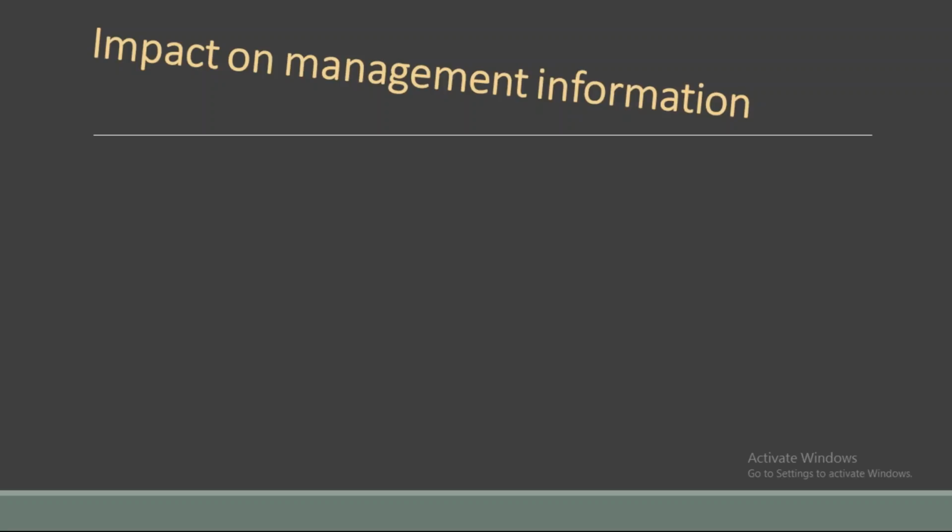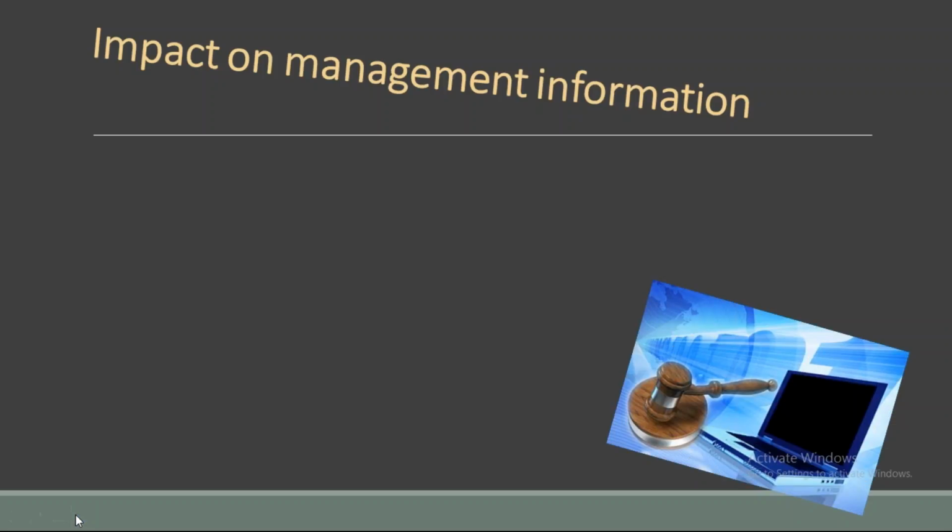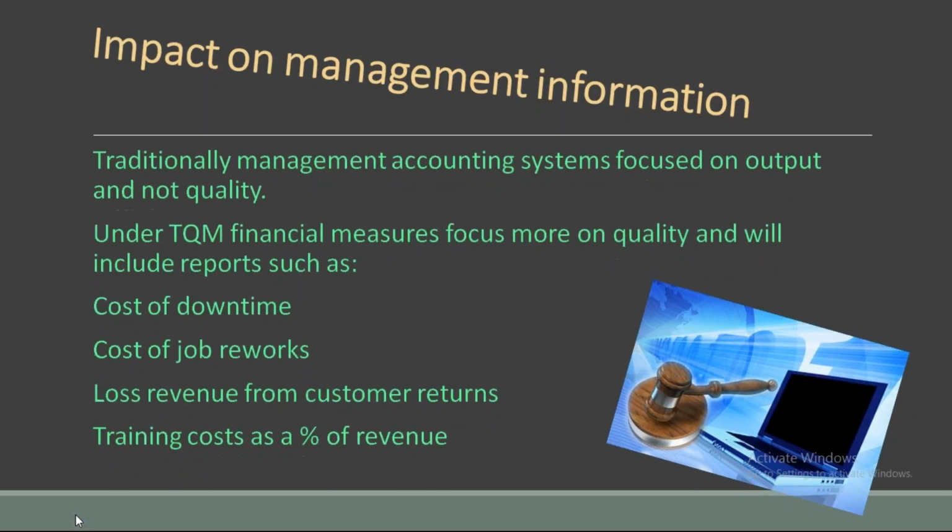But today, the management accountant's information style has changed completely. So we have to think something positive, something new. Traditionally, it was focused on output and not quality. You were looking at the budgeted output 100,000, actual output 110,000, so favorable variance 10,000, very good, good.